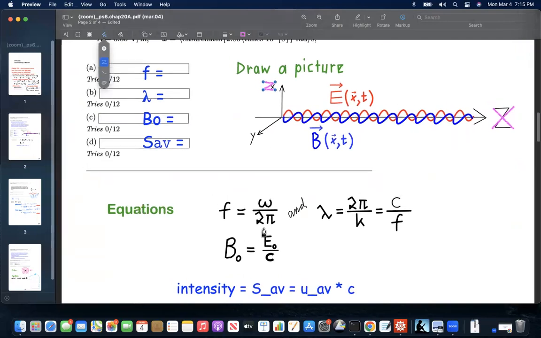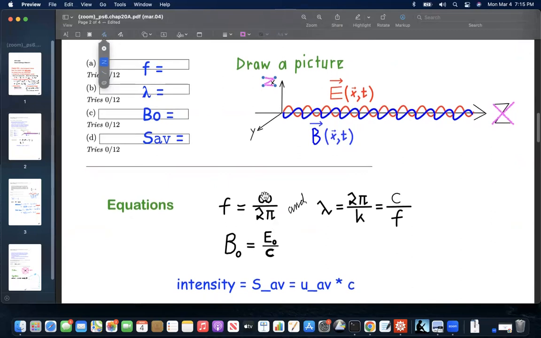Frequency is omega over 2 pi. That's angular frequency divided by 2 pi radians. Wavelength is the speed over the frequency. The speed of the wave is one wavelength divided by one period. In the time that the wave undergoes one period of oscillation, it travels a distance of one wavelength.